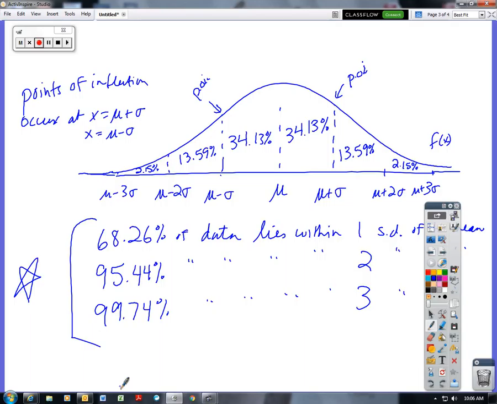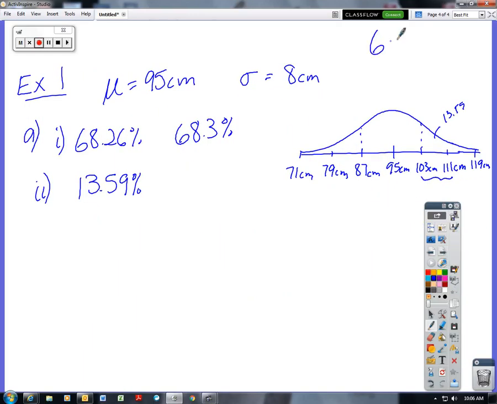I haven't got those memorized very well yet either. I'm going to write them down here though, because those are really important percentages. My guess is by the time you and I get done with all this homework, we'll probably have these memorized.